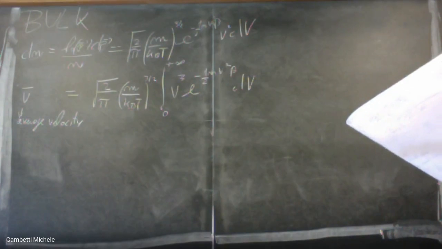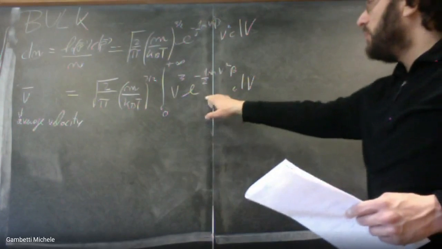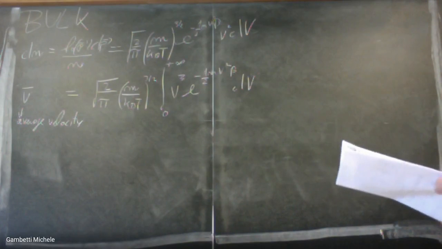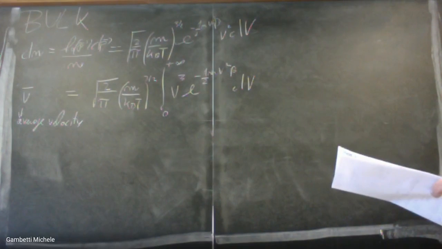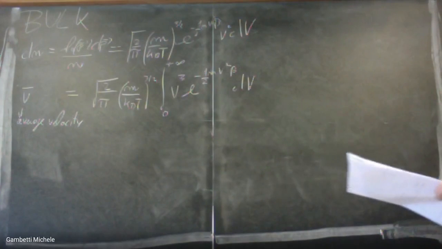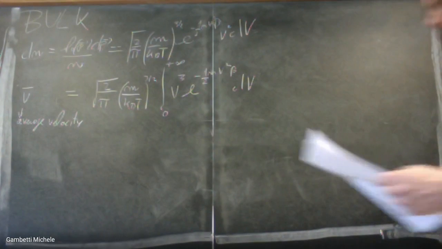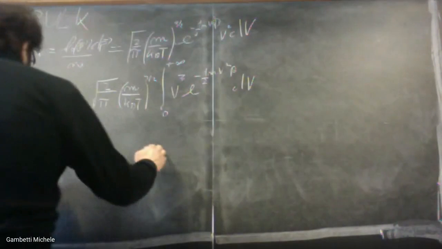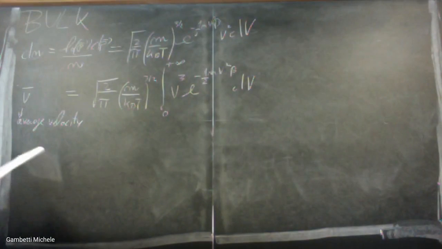Yeah. So, okay, these integrals are very typical of when dealing with statistical mechanics and kinetic theory. So they are always somehow connected with the Gaussian integral. Okay. So I will not spend too much time on this.